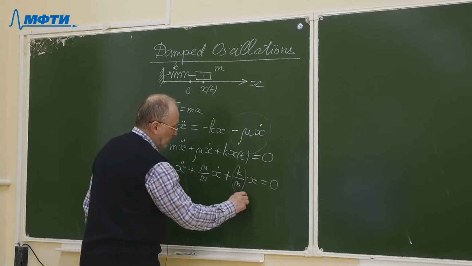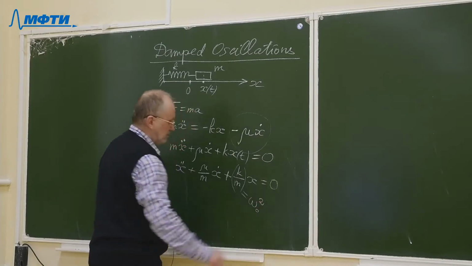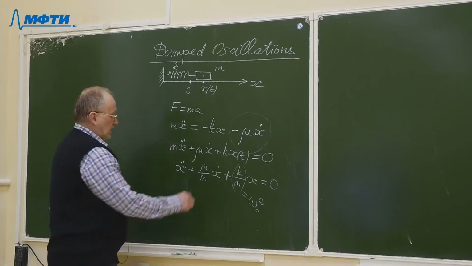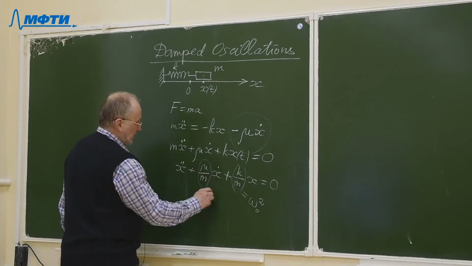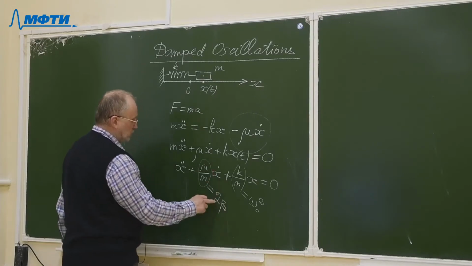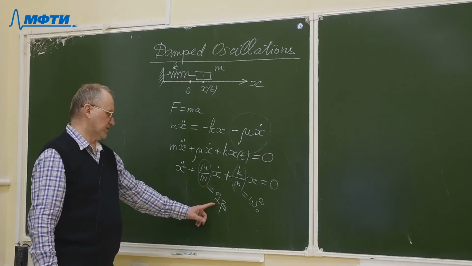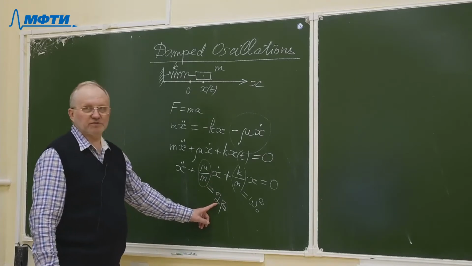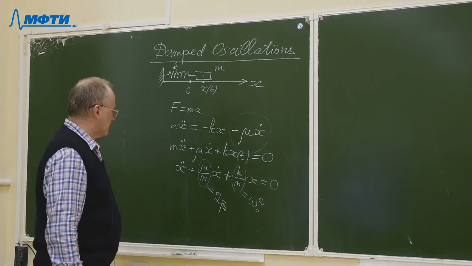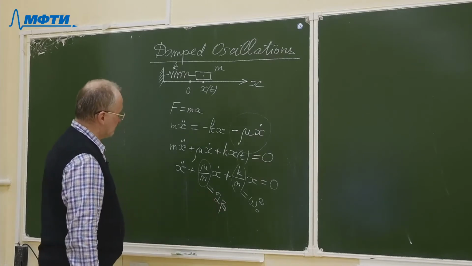When we considered oscillatory motion without friction, we had this last term here, and you remember that this coefficient was equal to the frequency of oscillations squared. The coefficient mu over m is usually denoted as 2 beta. The 2 is introduced here for a simple purpose, so that this factor will not appear in other important places. Let it be 2 beta here so that it's eliminated from other places.